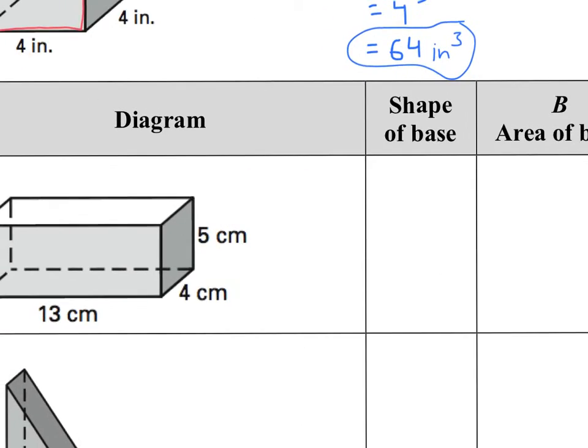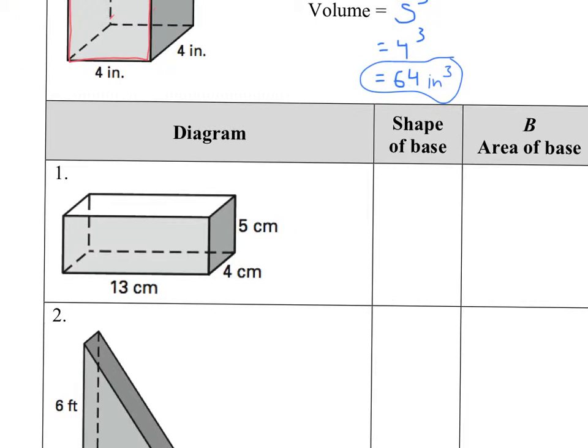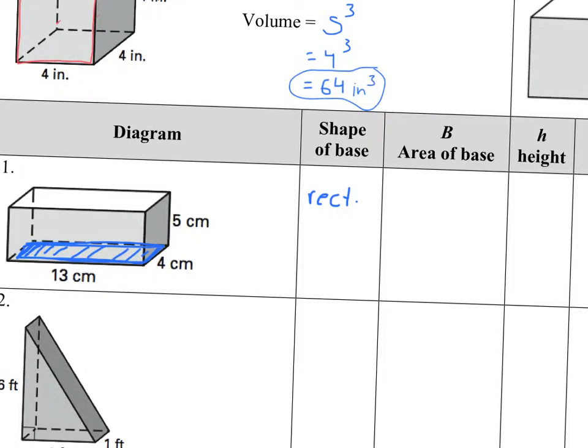All right, so part of this is mental, the shape of the base, and in this case we have options. So if I decide to call this my base, that's the bottom and the top, then the shape of the base here is a rectangle. Then the area of the base is going to be length times width.